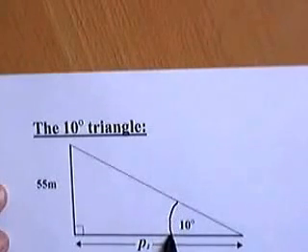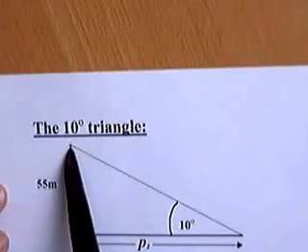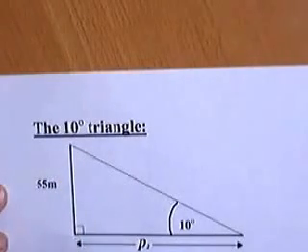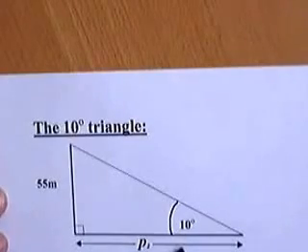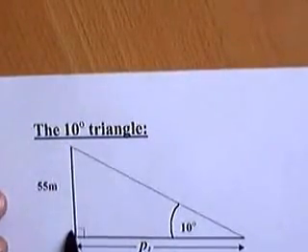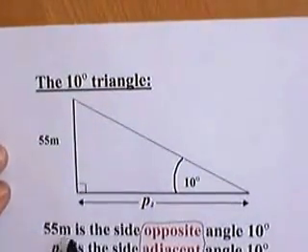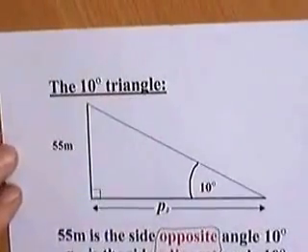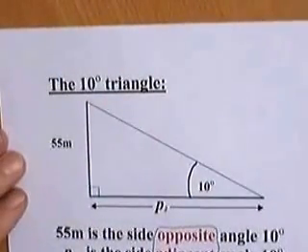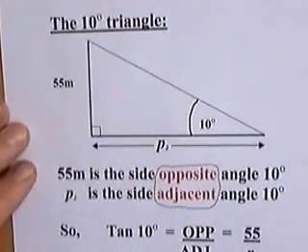We've got a 10 degree angle here, and a 55 meter high tower, and we need to find this length P2 here. Again, 55 meters is the side opposite to the angle, and P2 is the side adjacent to the angle. Opposite and adjacent, yes, it's tan again.